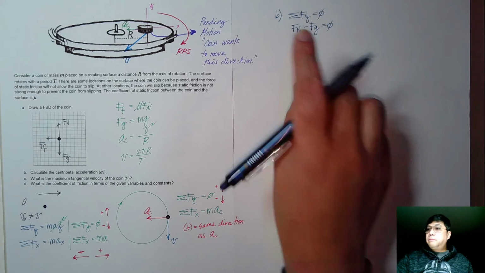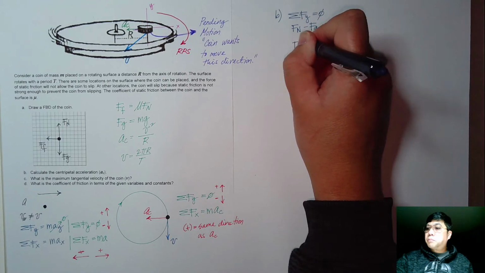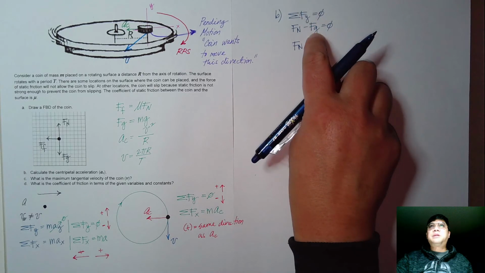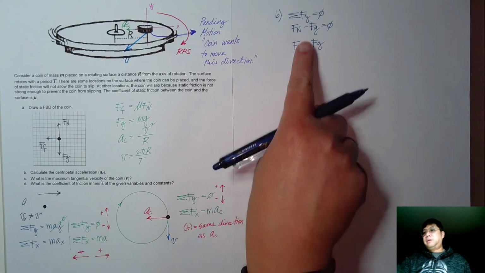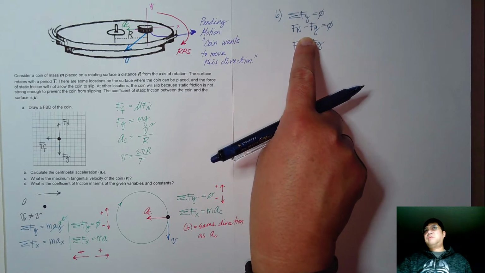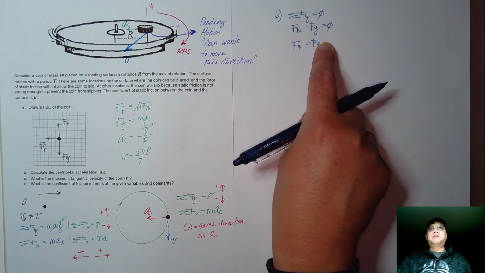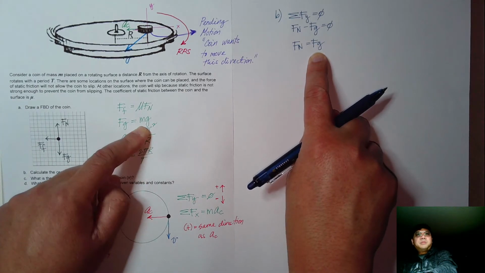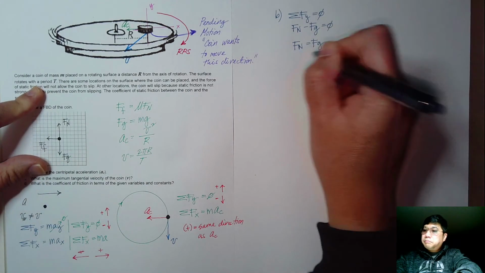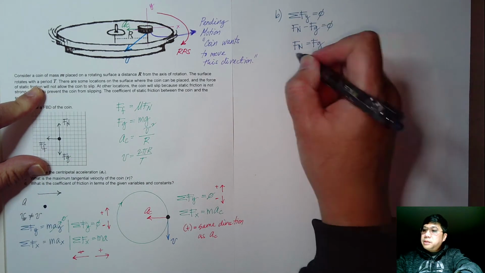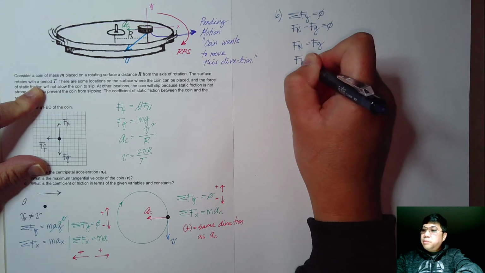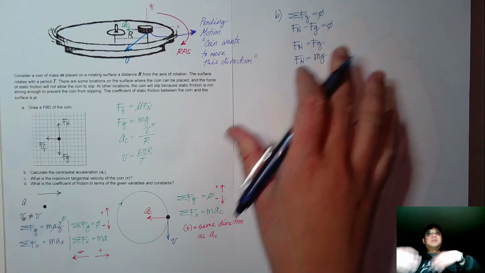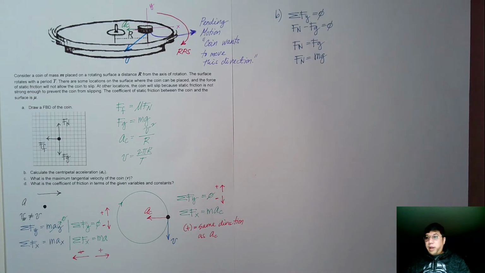Now, Fn can be equal to Fg, because if you move this to the other side of the equation, you add Fg on both sides to cancel, so therefore you have positive Fg. And we all know that Fg is simply m times g. So we can say that Fn is simply m multiplied by g. That is for the summation of forces along the y-axis.